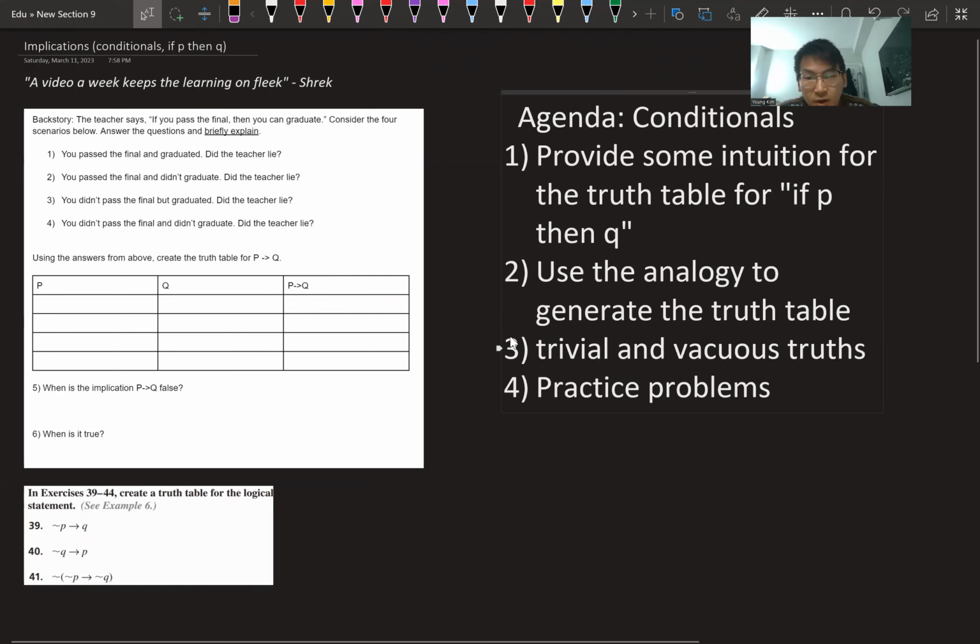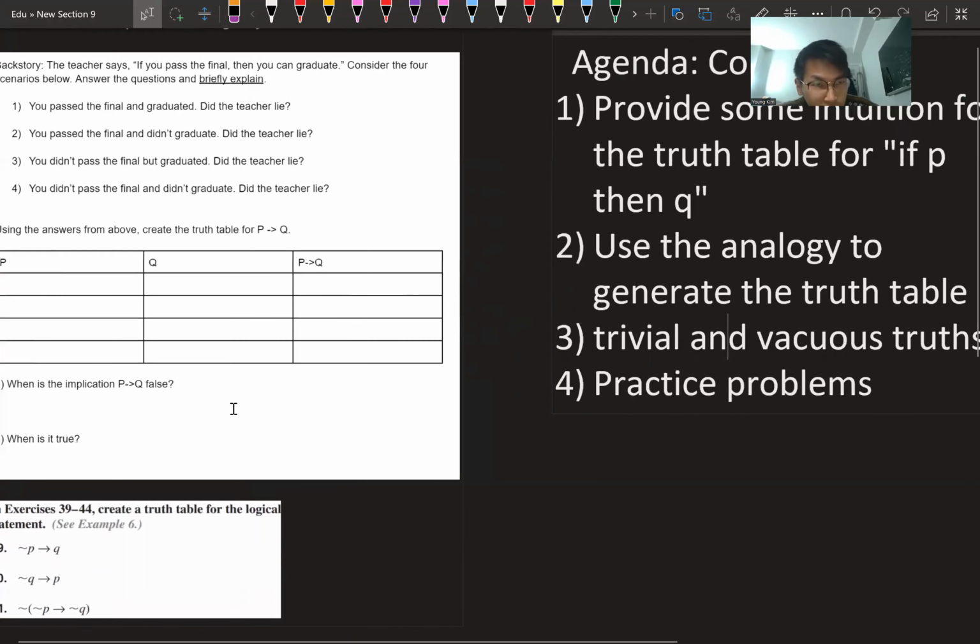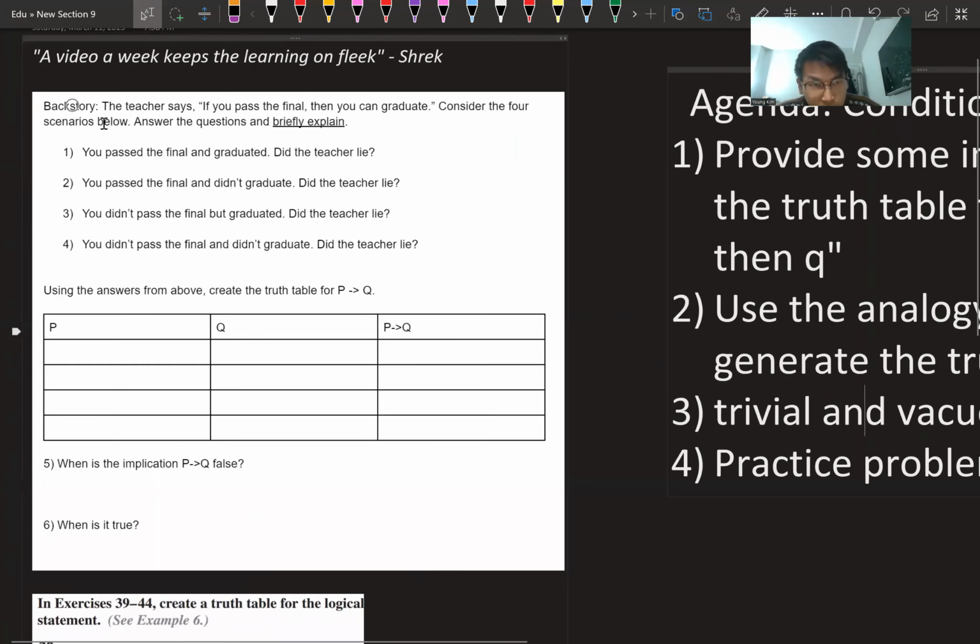Then we'll talk about some special cases, trivial and vacuous truths, and then some practice problems. This is from, I believe, the geometry textbook on the website I provided in the last video.